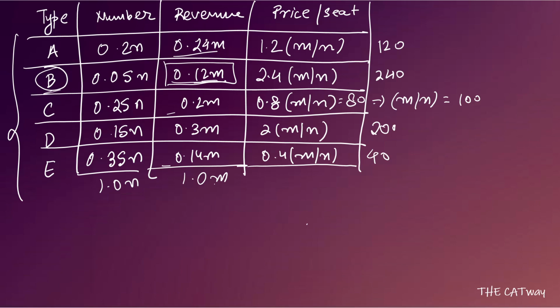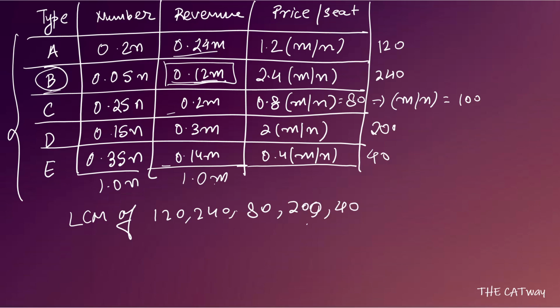So if the revenue generated is the same, how can we generate the same revenue using all these different prices per seat? We can take the LCM. So let's take the LCM of 120, 240, 80, 200 and 40.